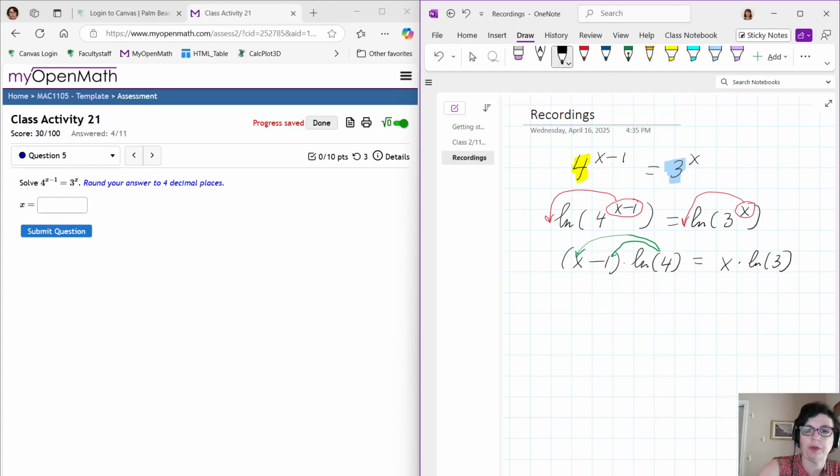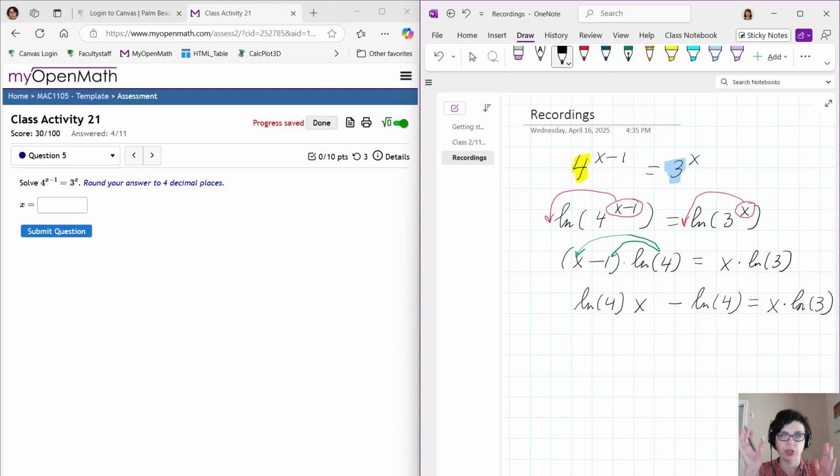First we multiply ln of 4 by x, which you cannot simplify, so it's ln 4 times x. Minus, then natural log of 4 times 1, which is just natural log of 4. And on the other side, we still have x times natural log of 3, and we cannot do anything with that.